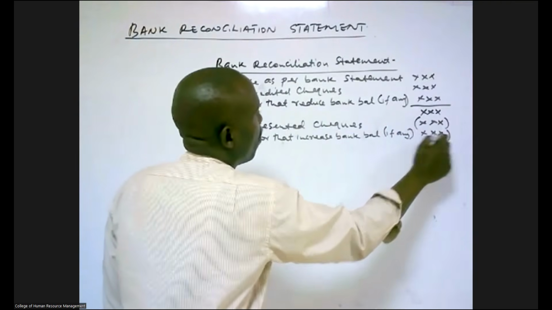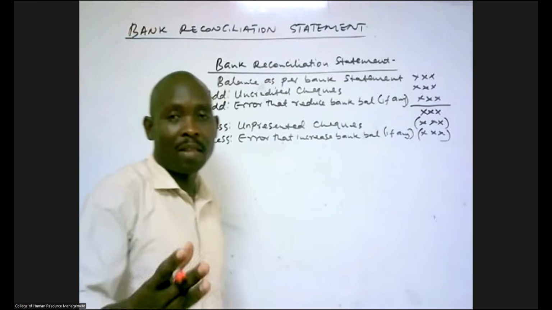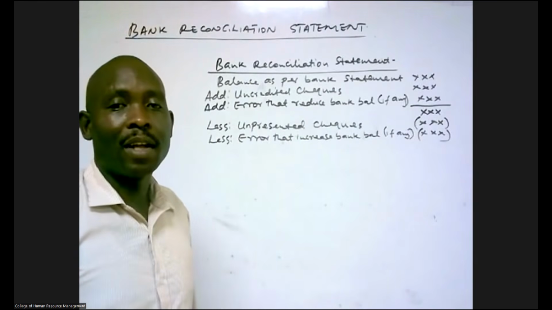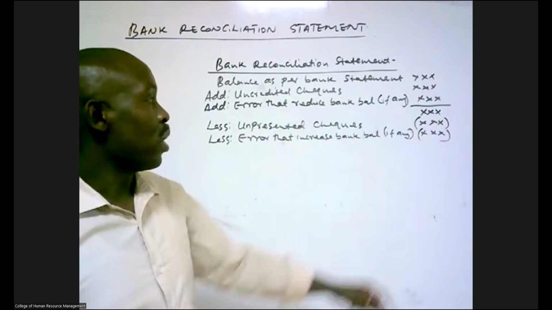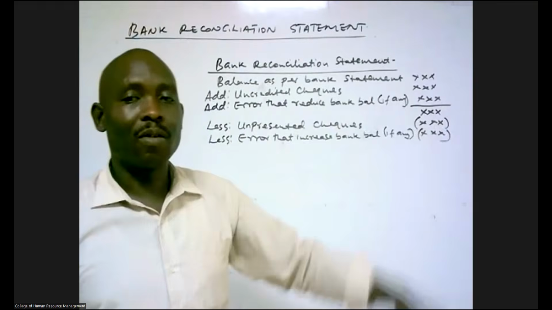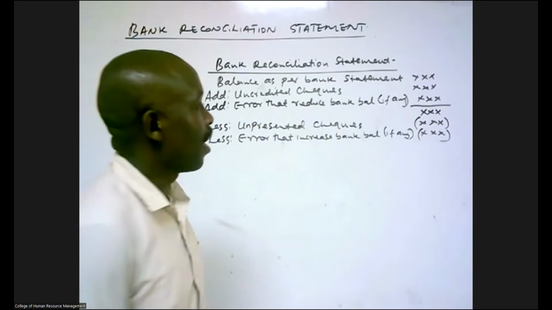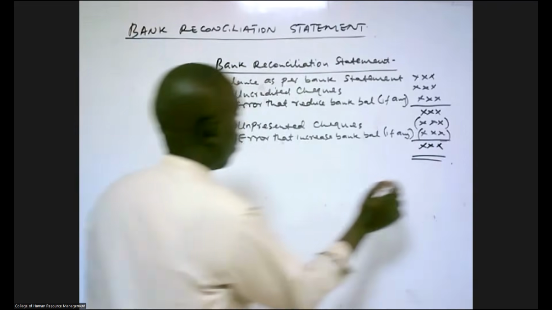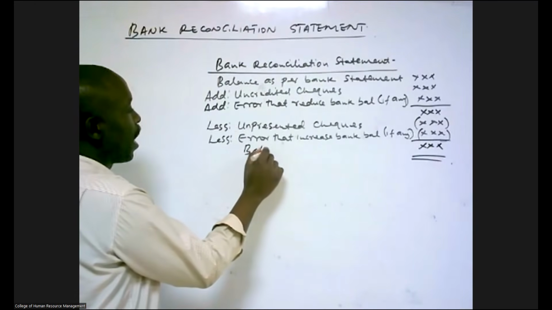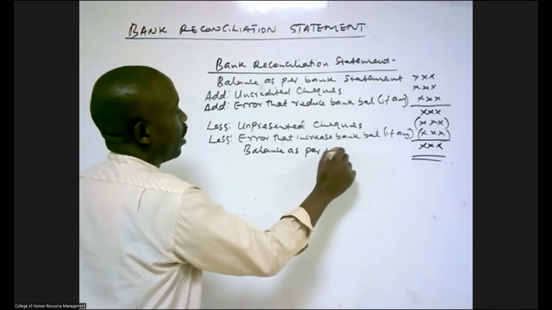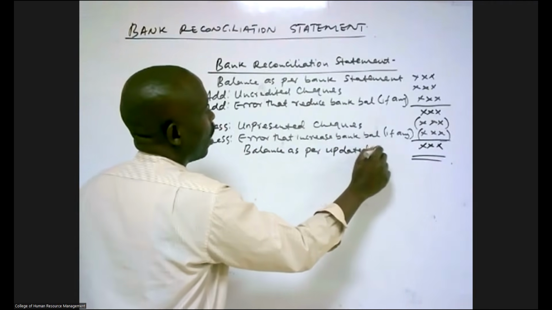This is an error whereby instead of depositing 10,000, the accountant deposited 100,000 in your account. That error increases your bank balance. We need to subtract it. That is 10,000 minus 100,000, the 90,000 extra. You subtract it there, so that now you can get the figure we call balance as per updated cash book.